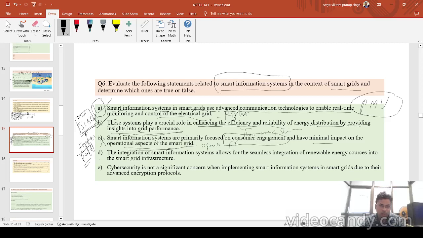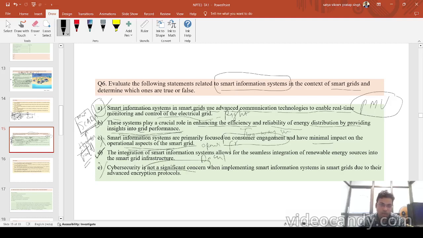Coming to the D part, the integration of the smart information system allows the seamless integration of renewable energy sources into the smart grid infrastructure. That is correct, because you have a huge amount of decentralized systems. Coming to the E part, cyber security is not a significant concern.